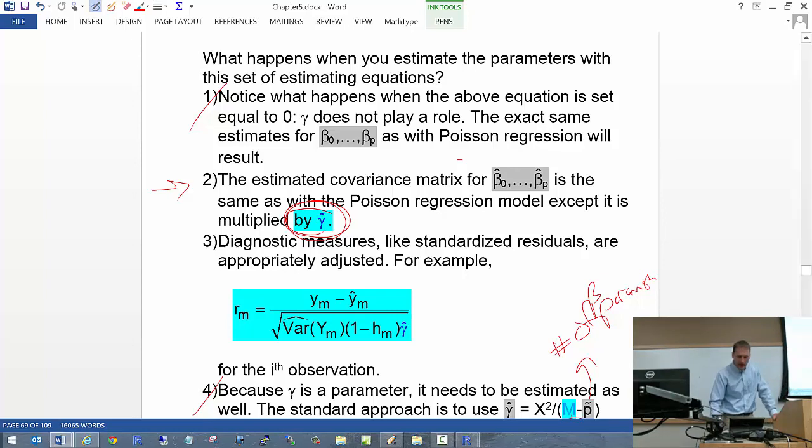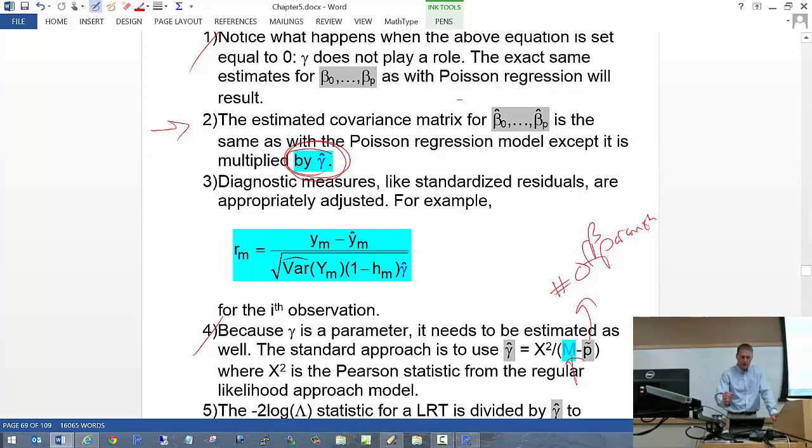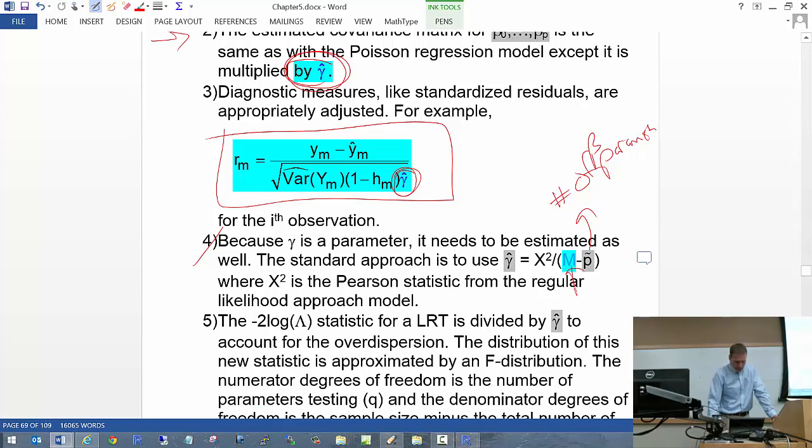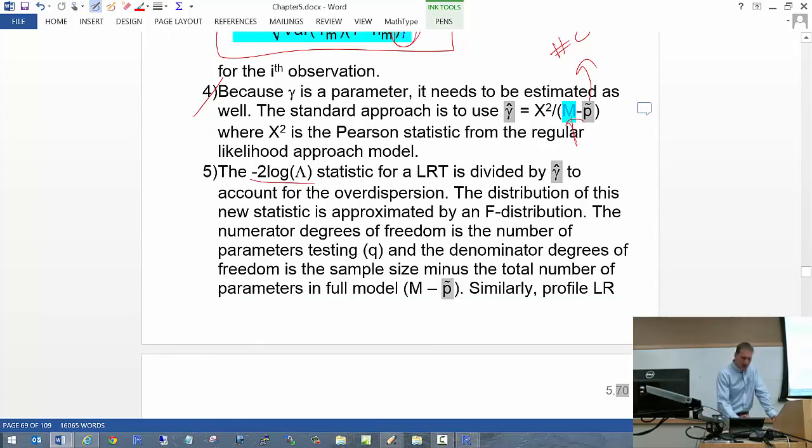What about various diagnostic measures like standardized Pearson residuals? Well, pretty much exactly the same as before, except now gamma hat pops in there. What about your negative 2 log lambda statistic? Well, we use that for likelihood ratio tests. We're not doing exactly likelihood ratio tests here anymore, because we don't have that underlying Poisson assumption behind all this.